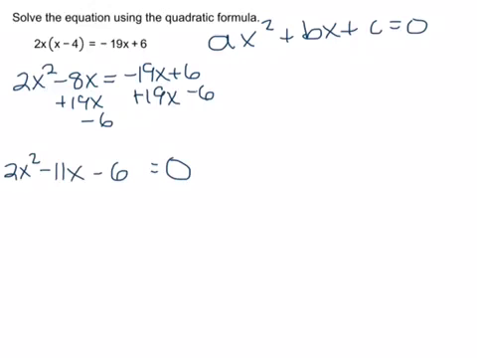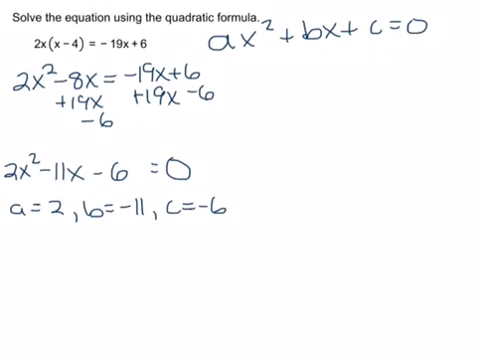Okay, so now we have that form of ax squared plus bx plus c is equal to 0. That is going to mean that a is 2, b is negative 11, and c equals negative 6.